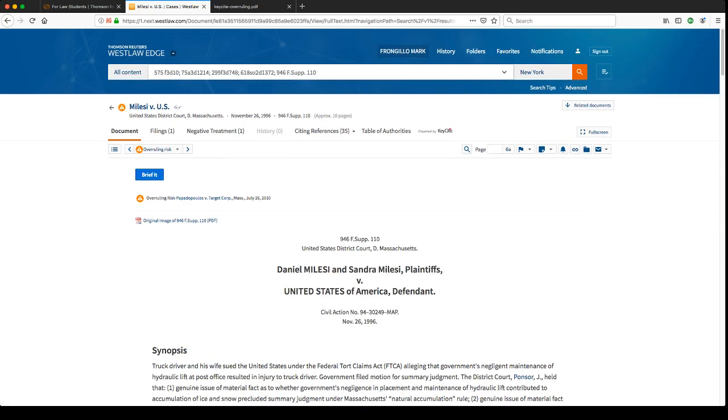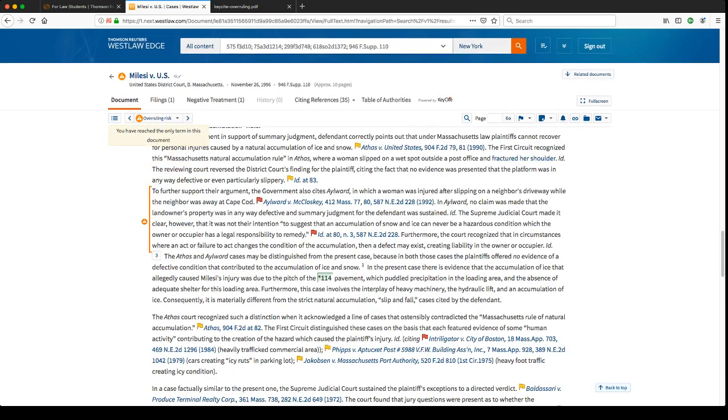And let me just take a step back. In Massachusetts for years, the law with respect to slip and falls on snow and ice was that if it was an unnatural accumulation of snow and ice, a plaintiff could recover. Now, that was the law up until 2010 when Papadopoulos v. Target said, we no longer go by that doctrine.